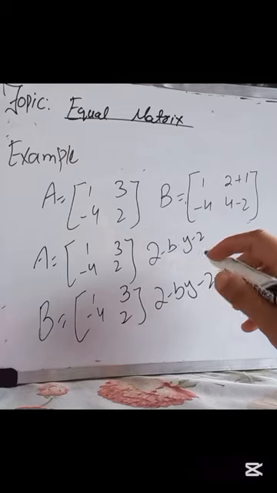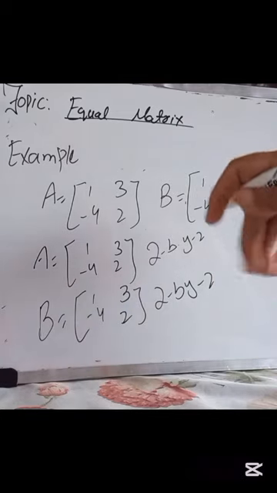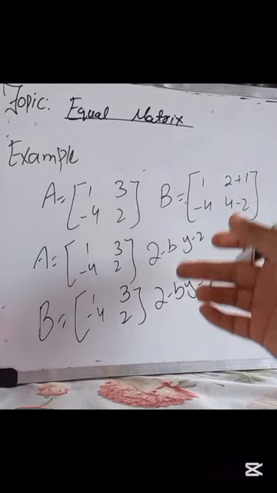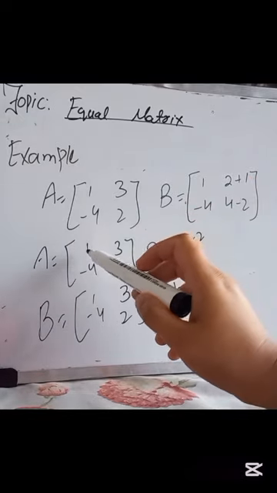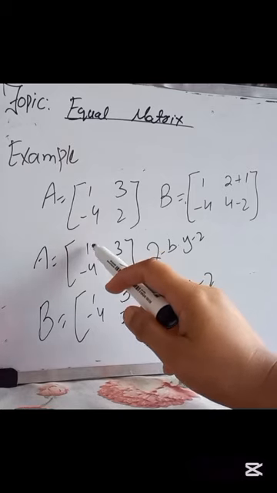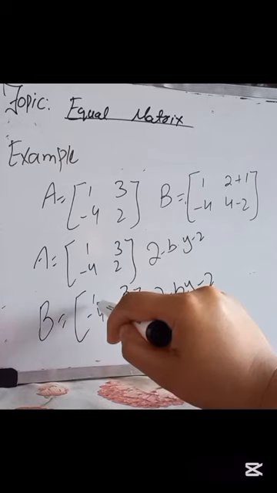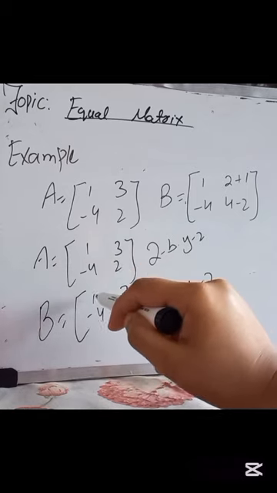Now let me check the second condition: are the corresponding elements equal or not? See here, the first element of matrix A is 1 and the first element of matrix B is also 1. These are the same.